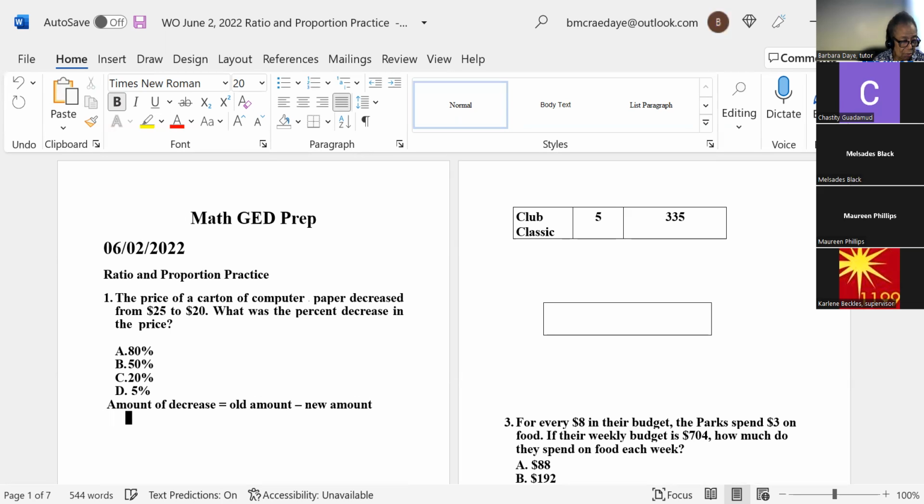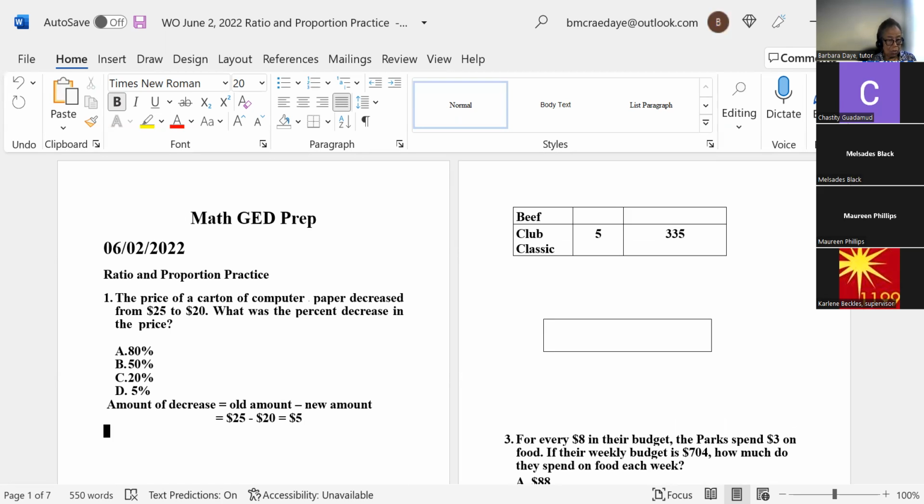So this would be equal to, the old amount is $25, right? So we put the 25. The new amount after the decrease is 20. So that's 20. And Mercedes said the difference, that's $5. Now, to get the percent, your percent decrease would be equal to the amount of decrease divided by the old amount.